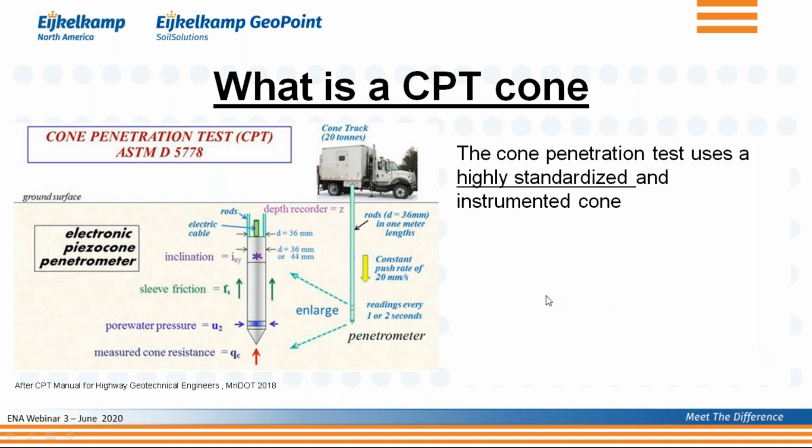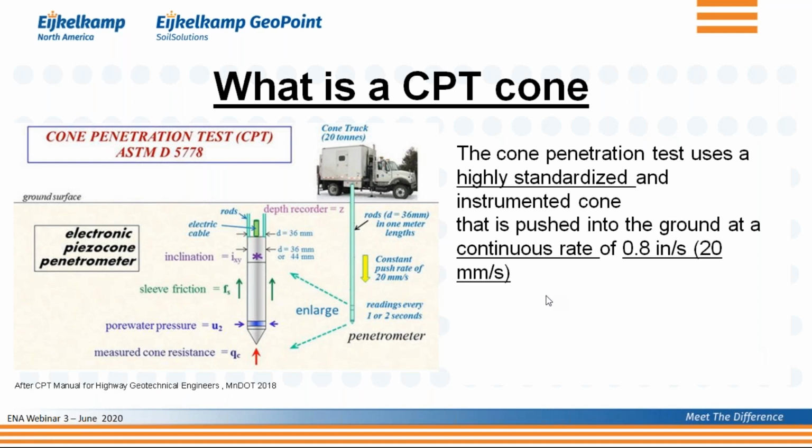It also means that we push it into the ground at a standardized rate, 2 centimeters per second or 0.8 inches per second. And the reason for this standardization is very important. We've been doing electrical CPT now for about 50 years.